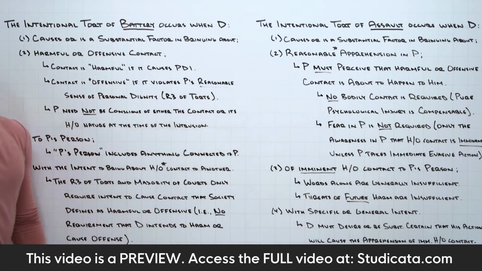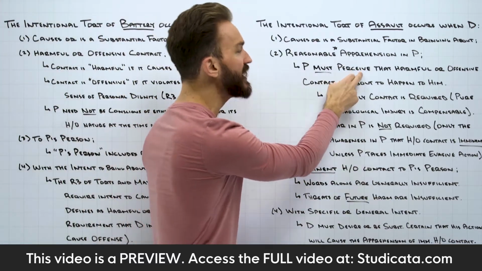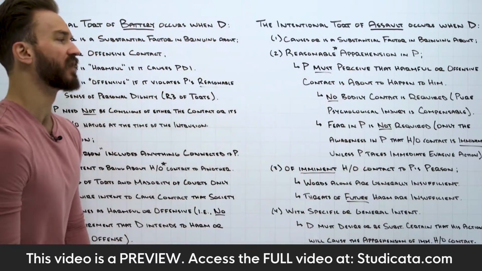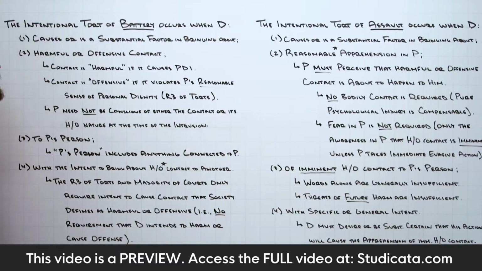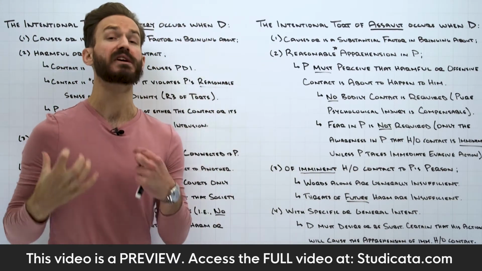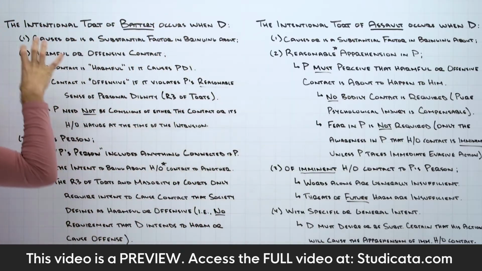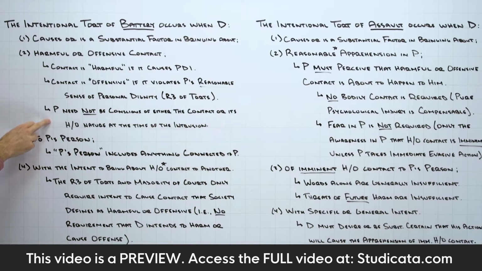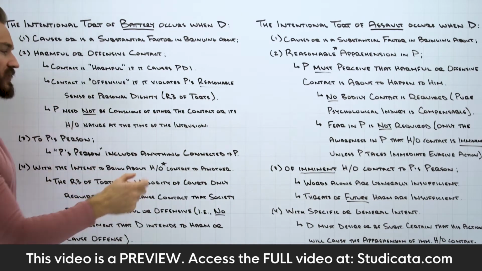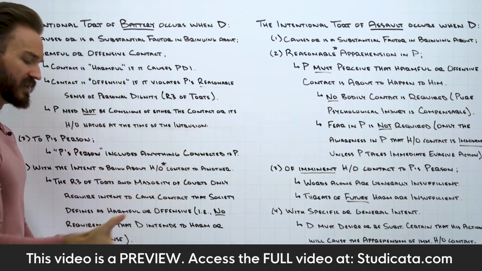When we get to assault, we'll see that the plaintiff is going to have to perceive that harmful or offensive contact is about to happen. In other words, the plaintiff really has to be conscious and aware of what's going on. With the intentional tort of battery, the plaintiff need not be conscious of either the contact or its harmful or offensive nature at the time of the intrusion.